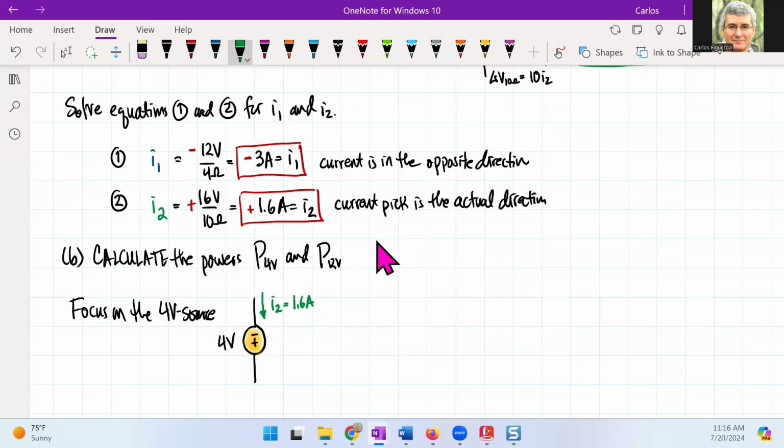And the thing you want to pay attention to here is look what happens. You could see here it enters the negative node. So what is this? This is an active source.